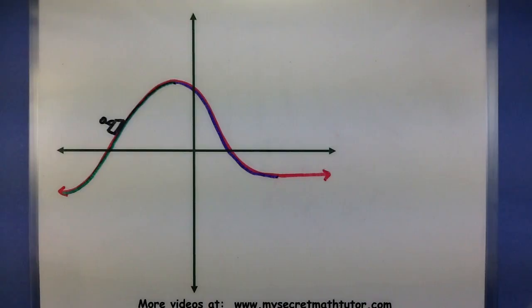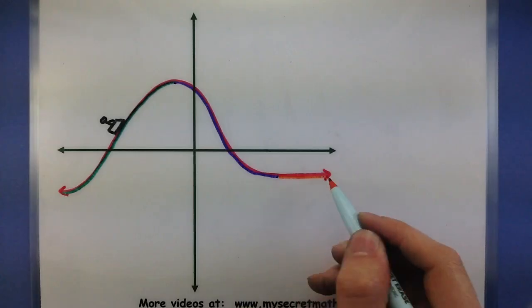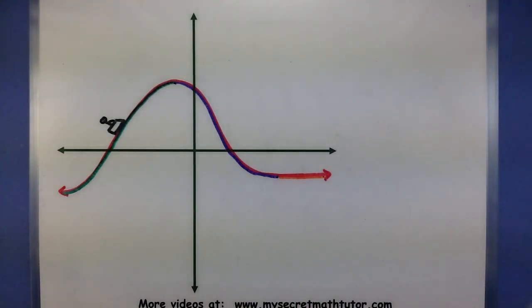And if it looks like my coaster is not changing at all, I could say that it is constant. So maybe that little flat part over there is where the function is constant. Now when it comes to describing where these places are, we take things back all the way to the x-axis.